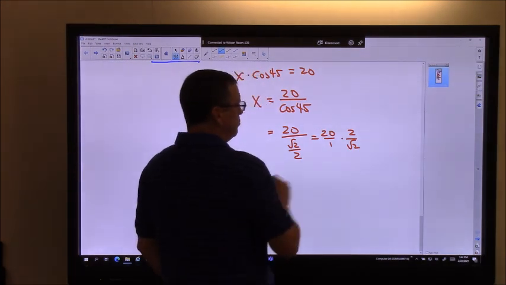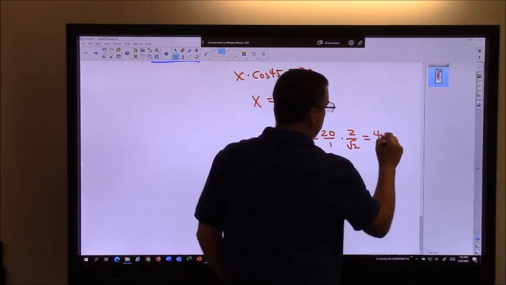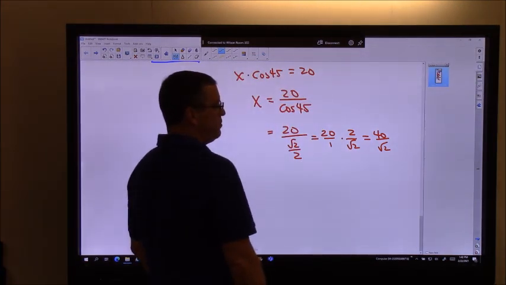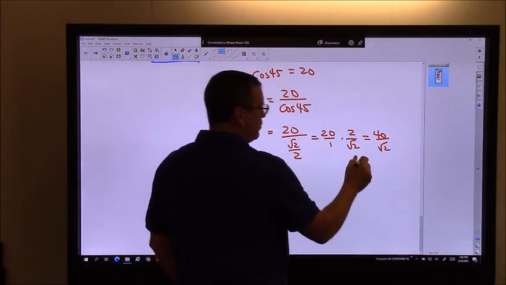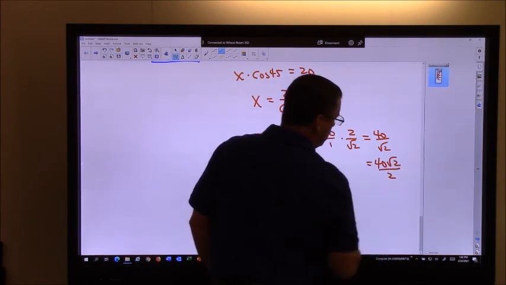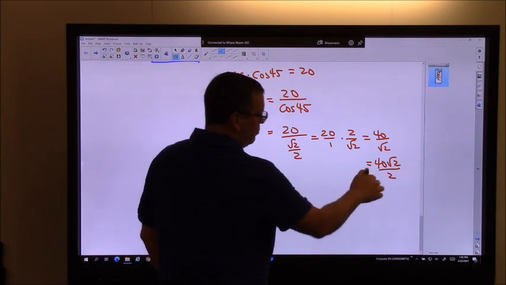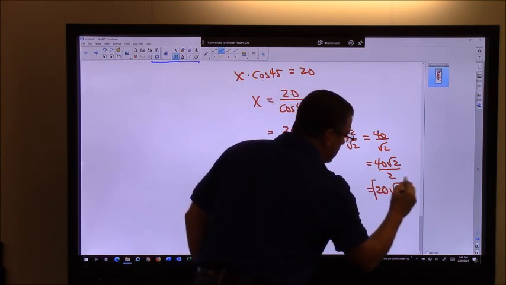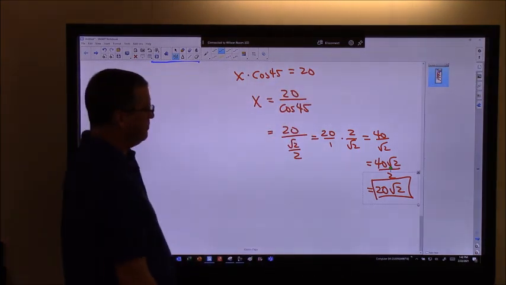That's 40 over √2. And then you got to rationalize it, so it's going to become 40√2/2. And then you do 40 divided by 2 and get 20. So 20√2. There's our exact answer.